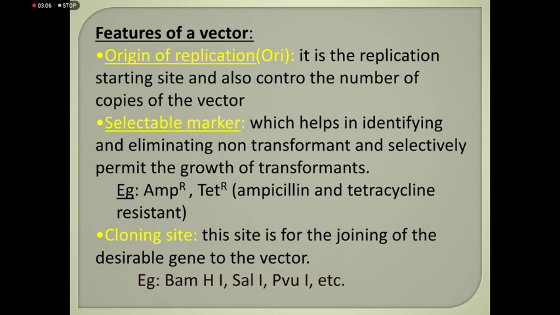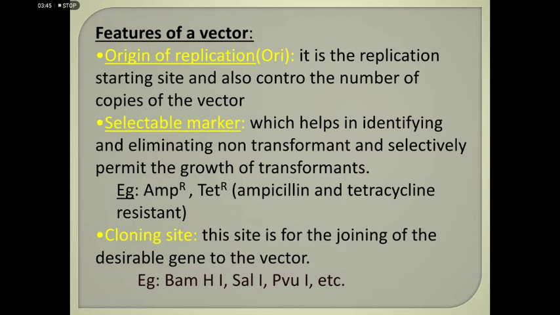These are the features of a vector. Origin of replication, commonly known as ori. It is the replication starting site and also controls the number of copies of the vector. We earlier discussed that our desirable gene is incorporated with the origin of replication. Second one is the selectable marker, which helps in identifying and eliminating non-transformants and selectively permits the growth of transformants. Examples: ampicillin resistance, tetracycline resistance.